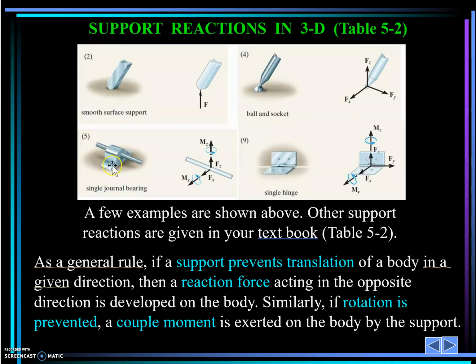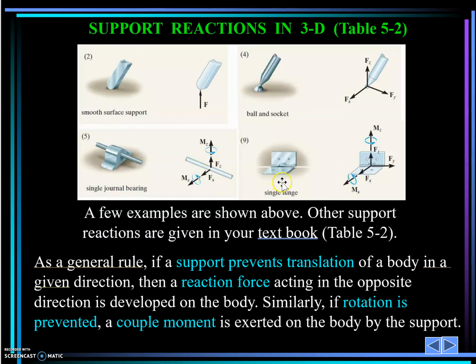You are preventing in that direction, so that is Fx, and you're preventing vertical Fz. And also you are developing Mx and Mz, but allowing rotation about the rod itself. That means you're not developing any moment. So again, you have 4 unknowns, as you can see right here.